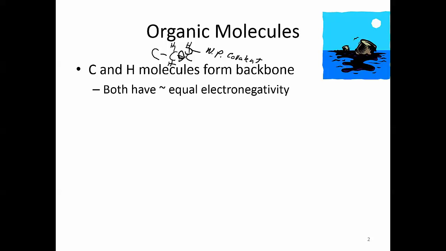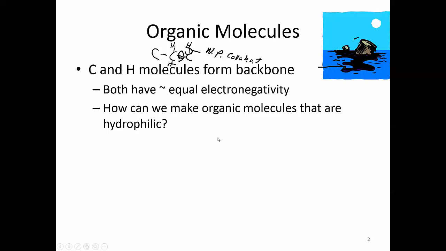That means water and oil don't mix because oil is nonpolar, water is polar, therefore they don't really mix together. So you are composed of all kinds of organic molecules composed of carbon and hydrogen. And you also have a lot of water in you. So how does that work?